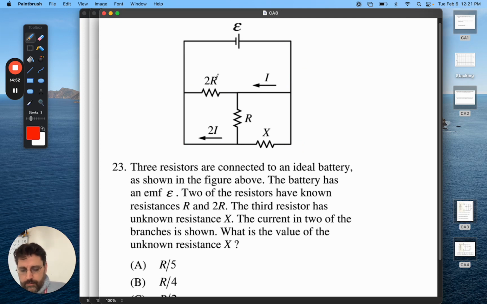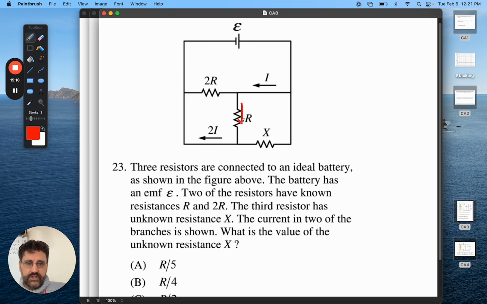Okay, so knowing that, so let's see here. If you know that in this branch here, there's I coming in, and then this is 2R, and then this is R. That means twice as much current is going to go through here as through here. Half the resistance, R versus 2R, so twice the current.